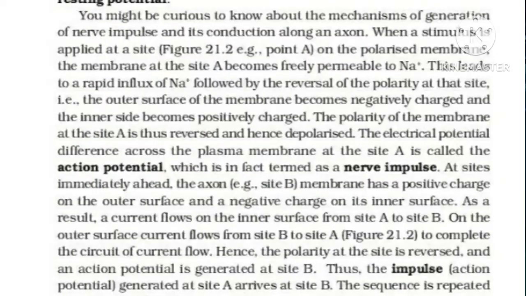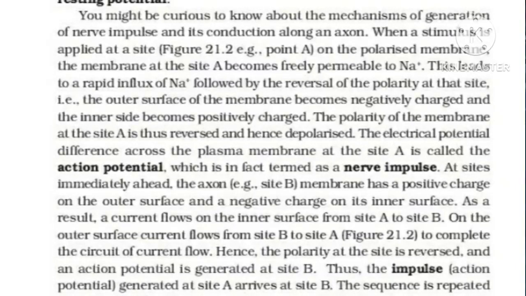You might be curious to know about the mechanism of generation of a nerve impulse and its conduction along an axon when a stimulus is applied at a site. Figure 21.2, example point A. On the polarized membrane, the membrane at the site A becomes freely permeable to Na+.